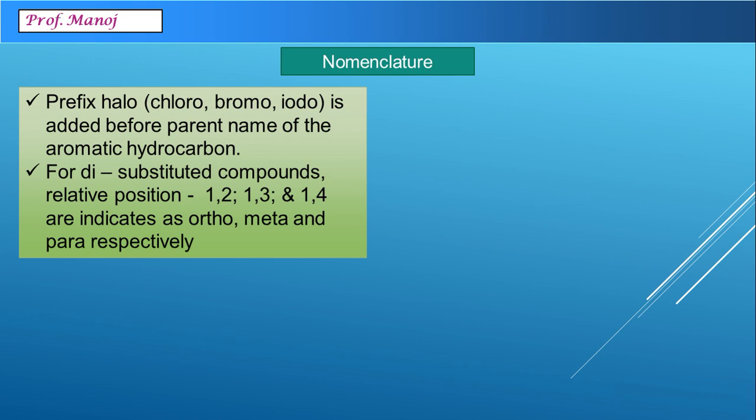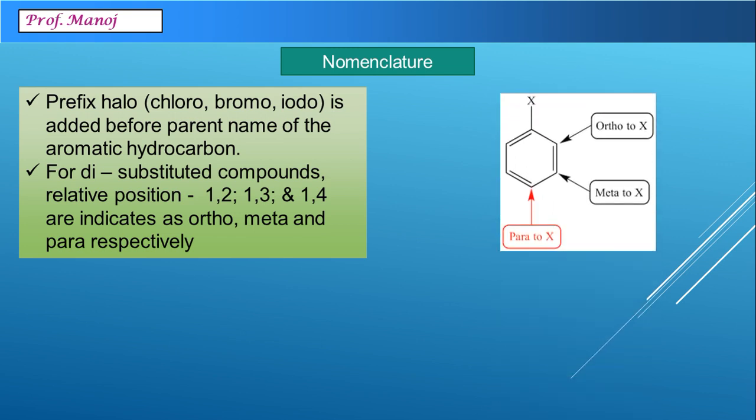For di-substituted compounds, there will be relative positions with respect to the functional group. The second and sixth position will be called ortho, third and fifth position will be called meta, and the fourth position is called para.